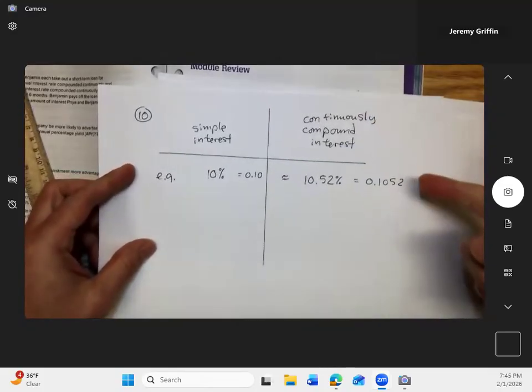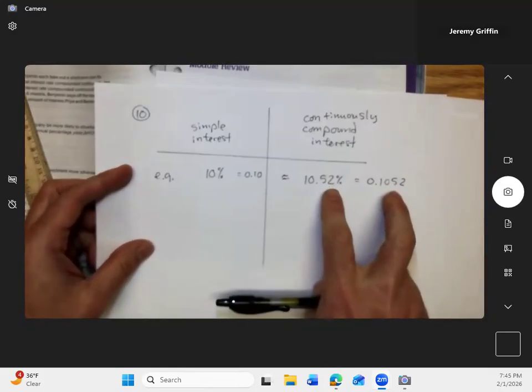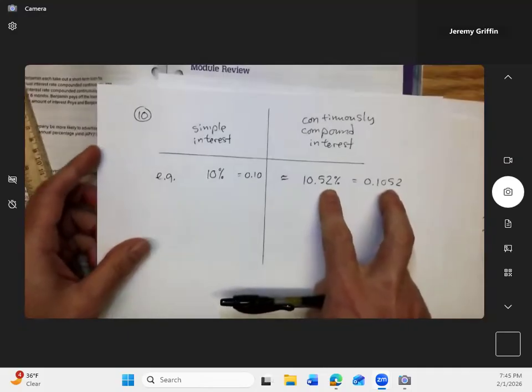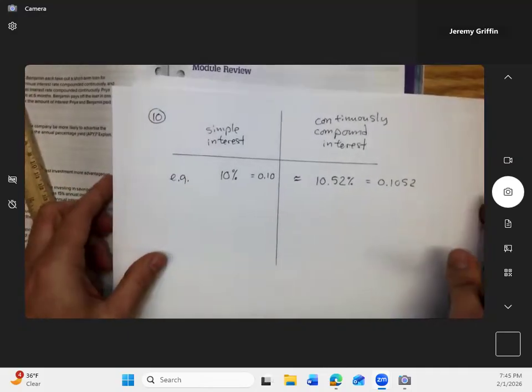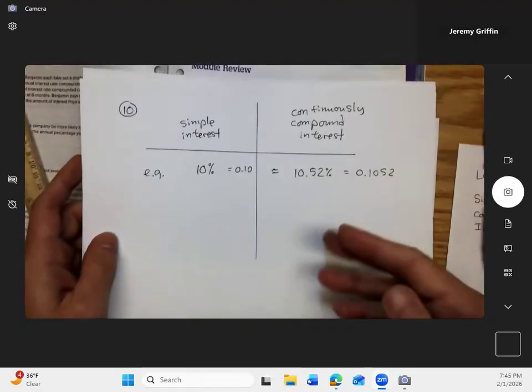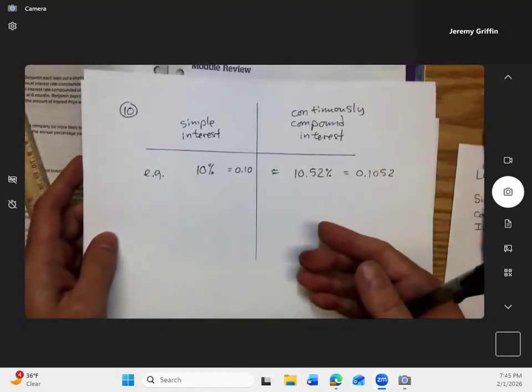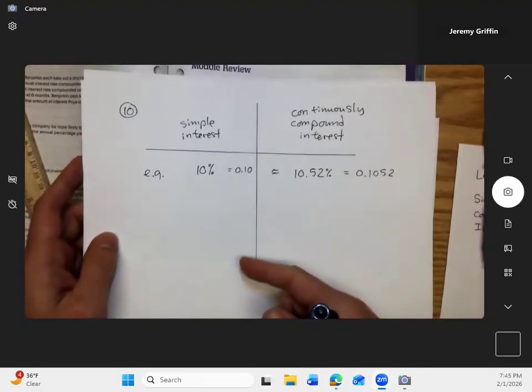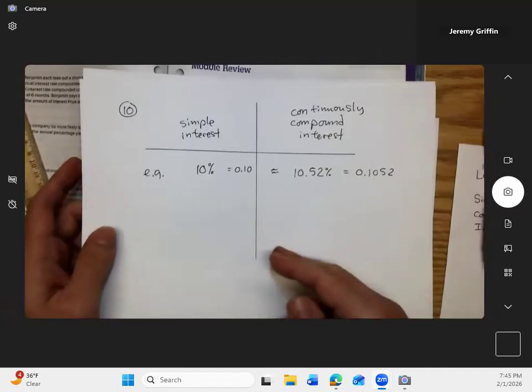Continuously compounded. Okay. The actual annualized interest rate is about 10.5%. Okay. So I think the advantage of each one depends on, are you making an investment or are you taking out a loan? Which side of the equation are you on?